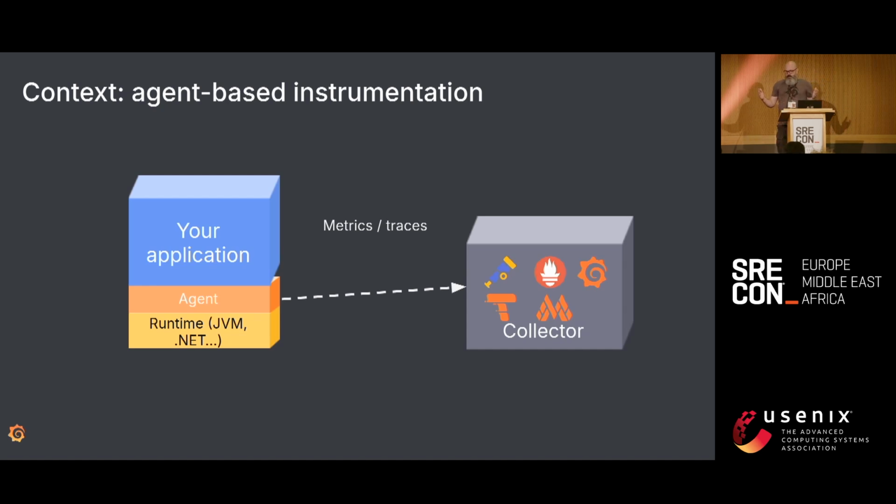But the bad news is that we have to instrument. In the case of compiled languages such as Rust or Go, we have to do manual instrumentation, which means that in each piece of code or function, we have to use a specific framework or functionality to measure our code.